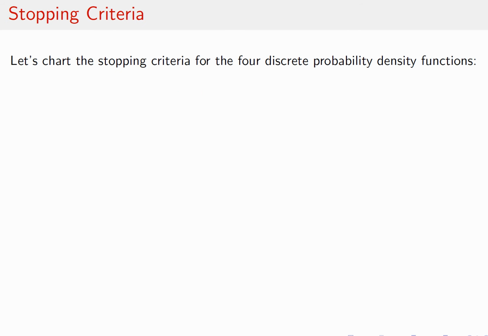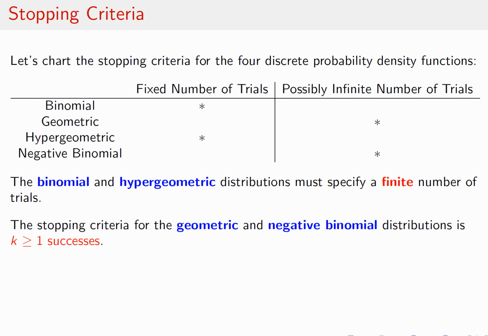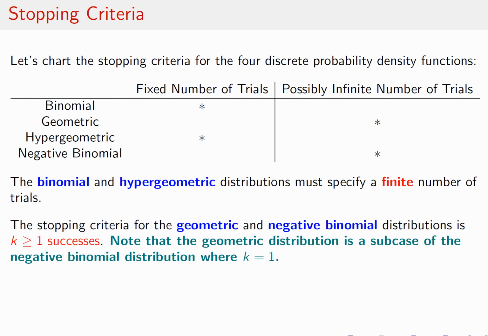Let's take a look, because we can make a chart of our four discrete probability density functions. We can see two of them have a fixed number of trials, the binomial and the hypergeometric. And two of them, geometric and negative binomial, have a possibly infinite number of trials, and both of them have a stopping criteria of k successes. For geometric, it's exactly one success.